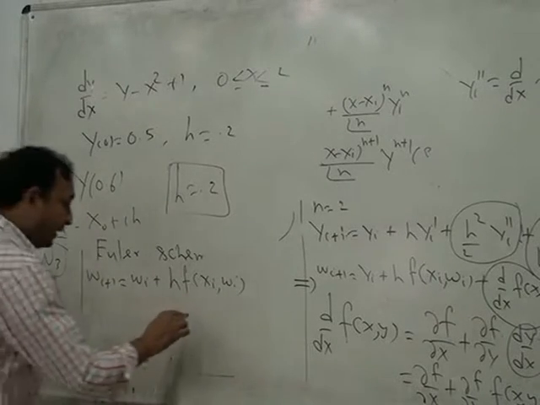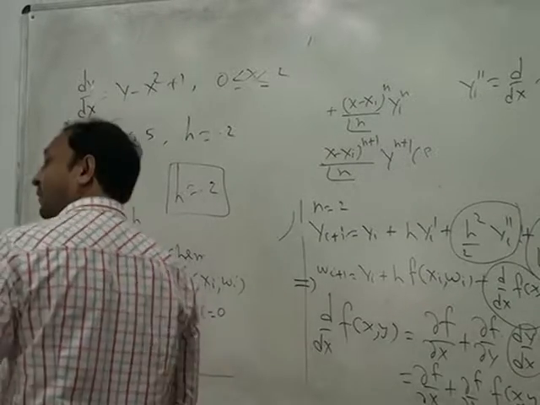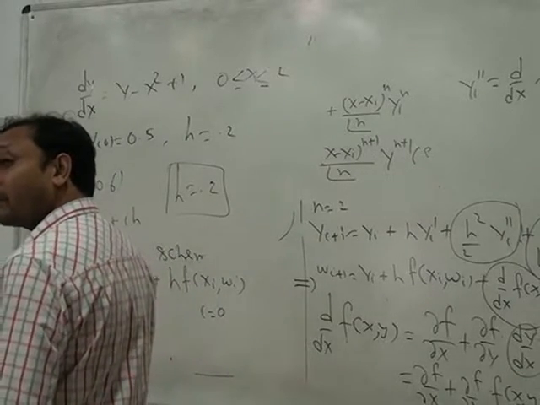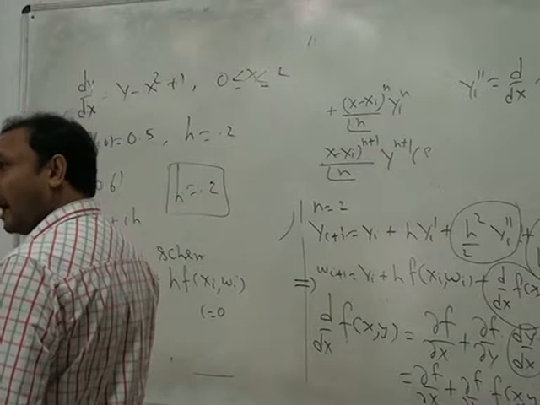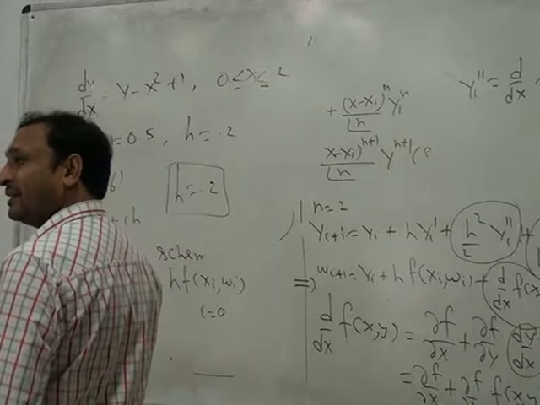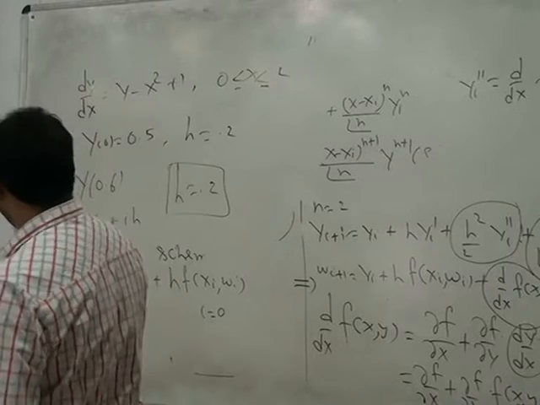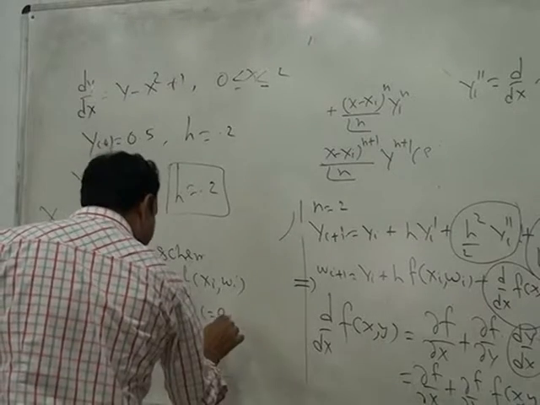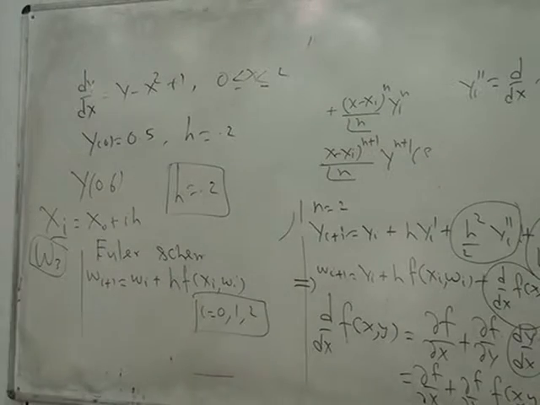Tell me, where does i go from and to? i goes from 0 to what? 1, 2, 3 or 1? You want W3, so it should take the values 0, 1, 2.